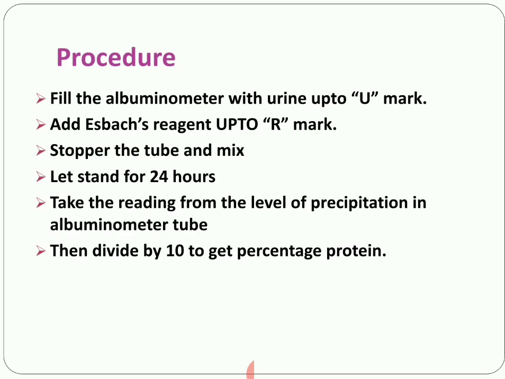Then add Esbach reagent up to the R mark. Then a stopper is used to close the mouth of the tube and mix. Let it stand for 24 hours. Then take the reading from the level of precipitation in the albuminometer. After that, divide by 10 to get percentage protein.